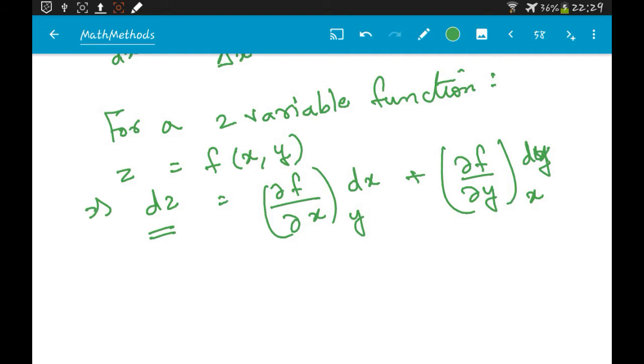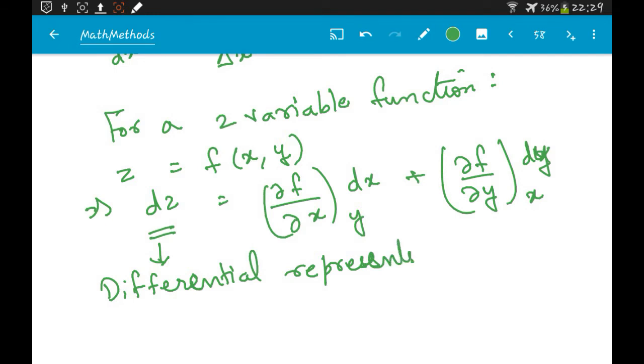So basically the differential represents the value of slope in the two directions.